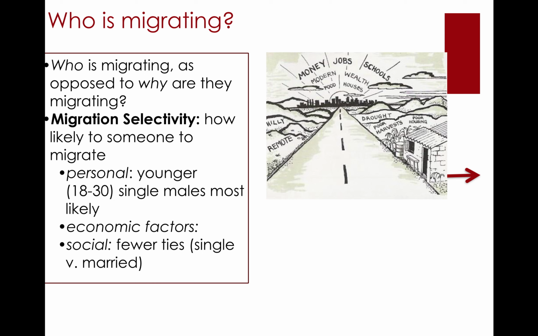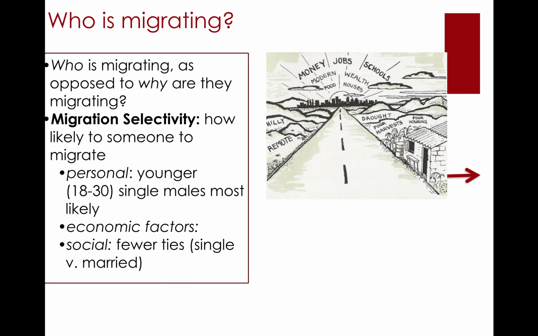People who are younger, ages 18 to 30, are most common to move because those people, on the whole, have fewer attachments, so are less likely to be married, less likely to have children. By the age of 18, you're theoretically more able to pay for migration, your way to physically move around the world to a new place. You essentially just have greater ability and greater opportunity from ages 18 to 30.